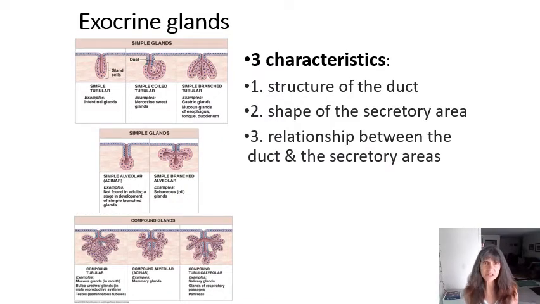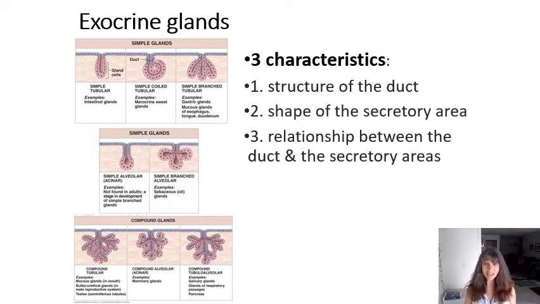When we look at exocrine glands, we can see that they can also be characterized by the structure of the duct, how the secretory area is shaped, and also the relationship between the duct and the secretory area. You'll notice that they come sometimes as tubular shapes, coiled tubular shapes, branch tubular shapes.